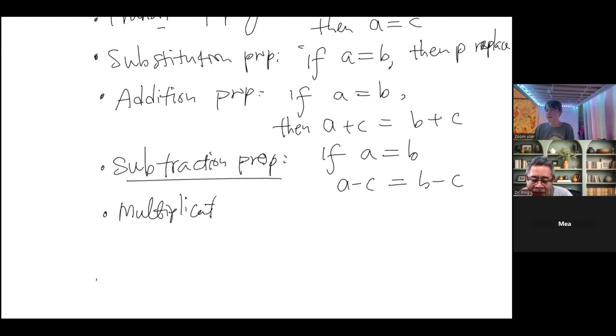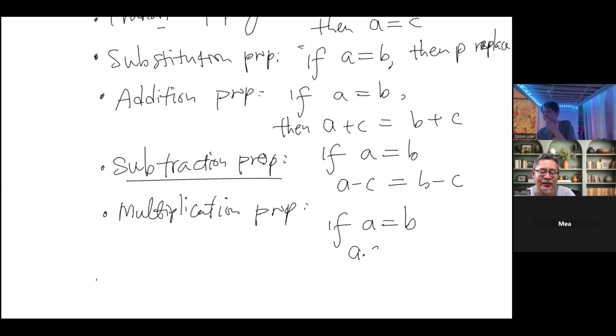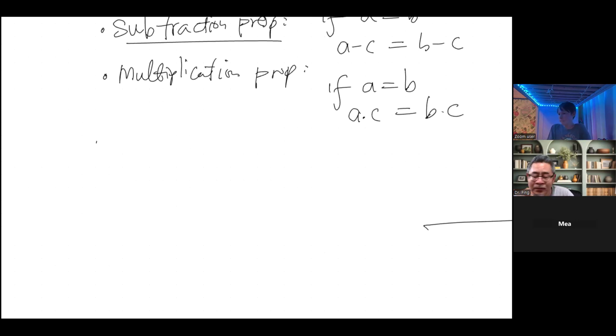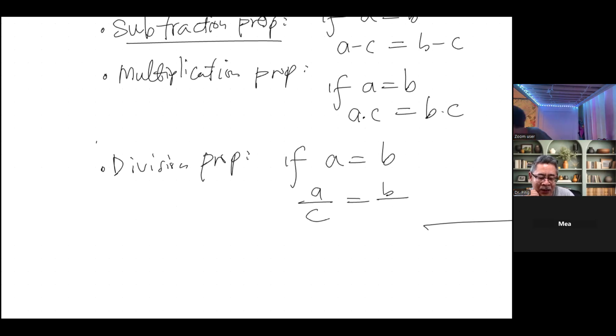And that is if A is equal to B, then A times C equals B times C. And the last one is called the division property, which basically is saying if A is equal to B, we can divide by the same thing on both sides, as long as we divide by the same thing, and as long as C is not equal to 0.